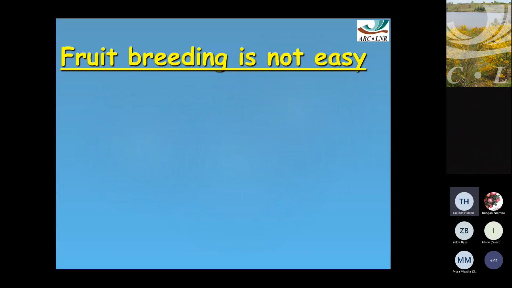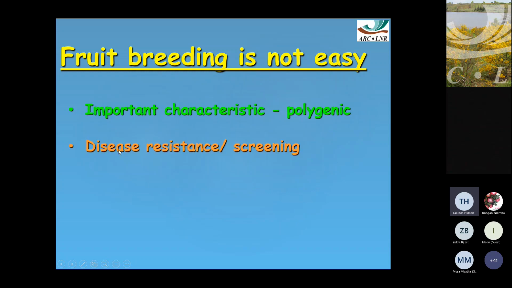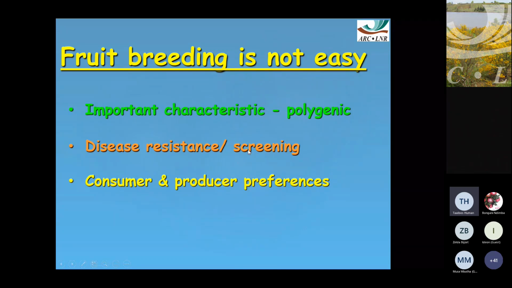Now, fruit breeding, I must say, is not easy. Most of the important traits involve more than one gene, they are polygenic, which makes breeding for them much more complicated. Disease resistance screening is quite complicated, where you also have to find suitable conditions to select the resistant ones. The other thing is that consumer and producer preferences keep on changing, and as pear breeders, we have to keep up with the newest trends.